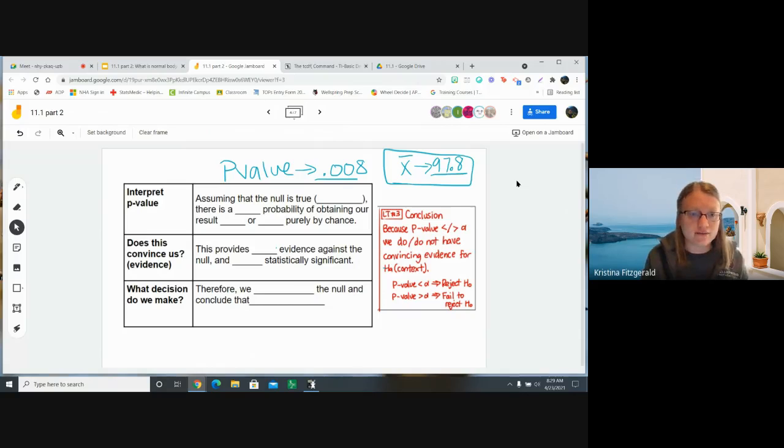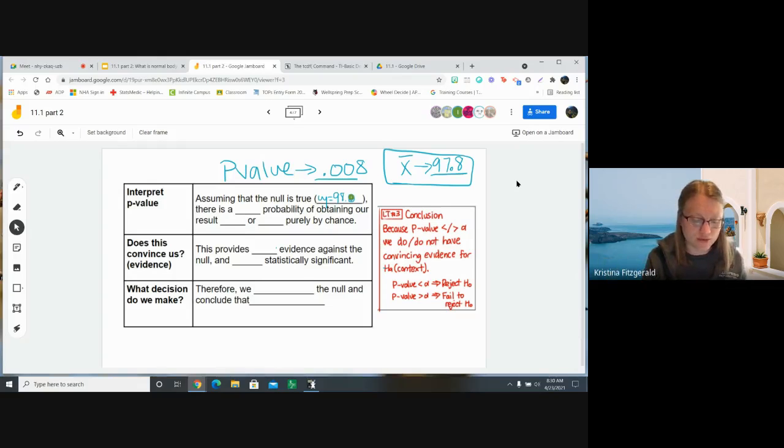So fun fact, COVID, temperature differences, all the things. So to make a conclusion, we do have the 3 sentences, and you can always follow this structure. So it says, assuming the null is true, we have an average temperature of 98.6.